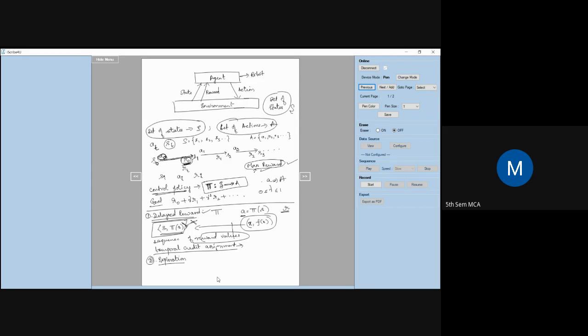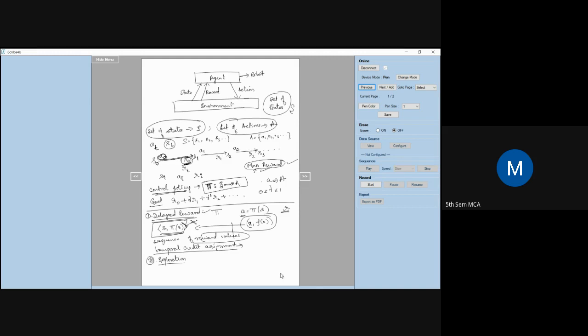Whereas the trainer provides the information in terms of immediate rewards. If the robot is moving from one state to another by choosing a particular action, then the reward is immediately given to that action. That is how we provide the data for it to achieve its goal of maximizing its cumulative reward. That's the first point.